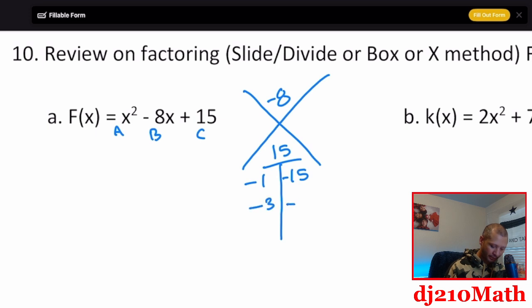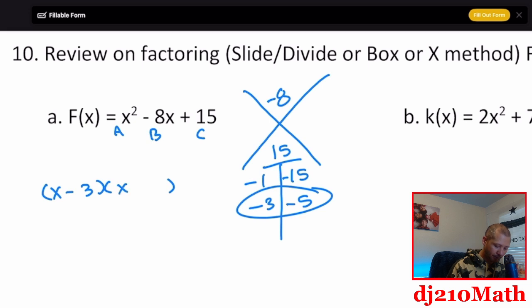So negative 3, negative 5, right there, that's it. Negative 3 and negative 5. So the factors are going to be x minus 3, x minus 5. The solutions inside lies, x equals positive 3, opposite. x equals positive 5, again, opposite. So there are the factors, and there are the roots.